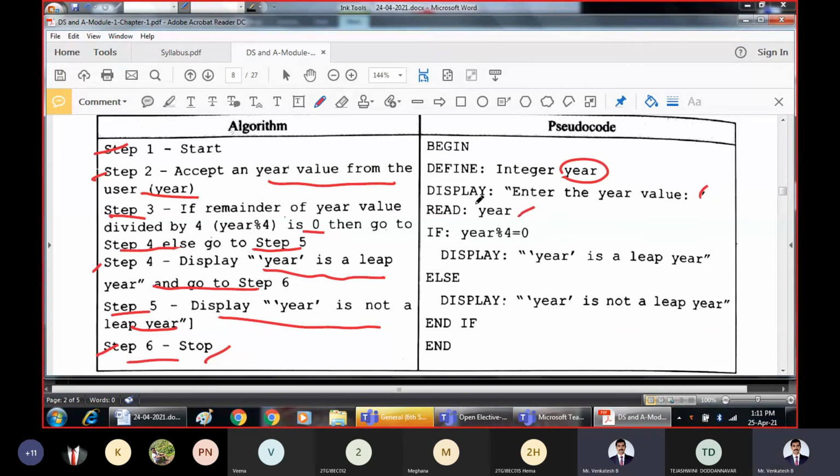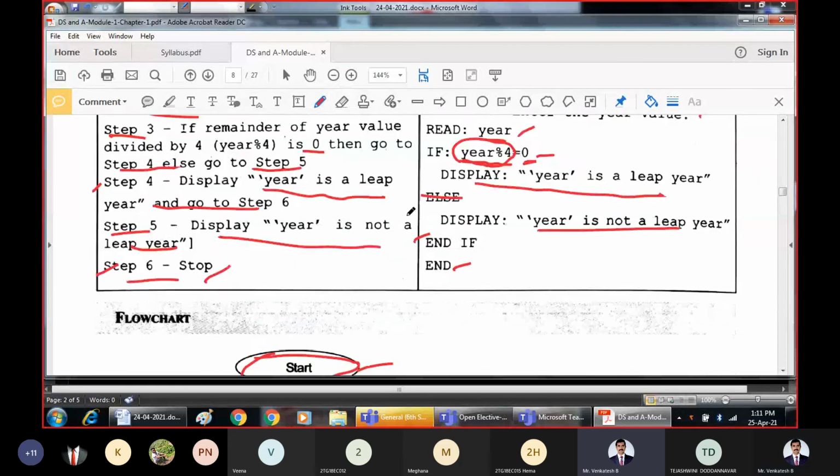Then read that year in a variable called year. That year must be divided by 4 to compare with 0. If the number after dividing by 4 is equal to 0, then it is a leap year. Else, it is not a leap year. End of the if statement, and that is the end of the pseudocode.